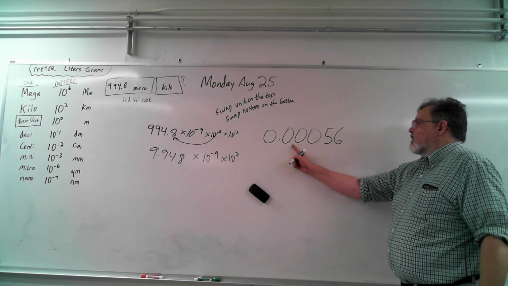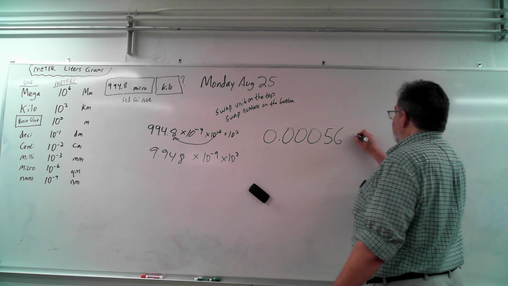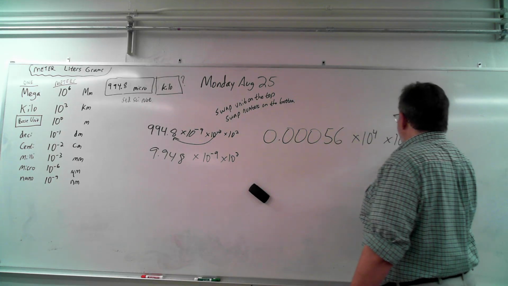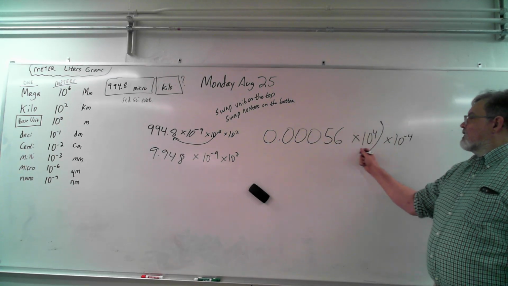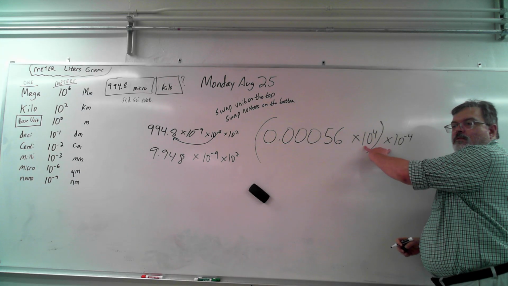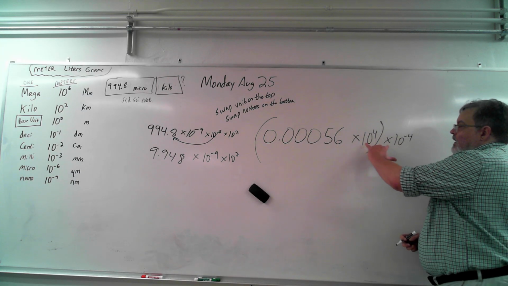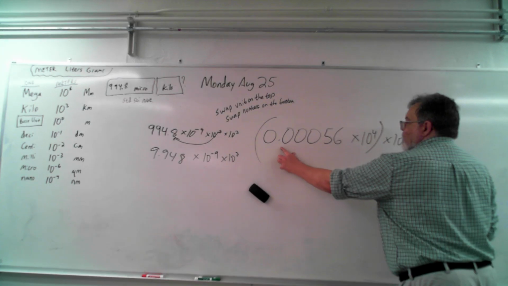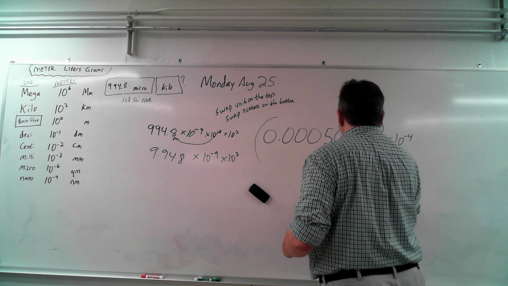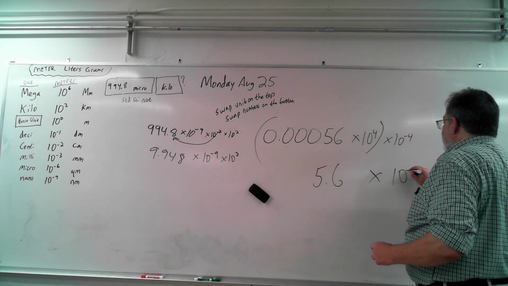We're going to have to move 1, 2, 3, 4, so I'm going to do times 10 to the 4 and times 10 to the negative 4. These two ensure that I'm not changing the value, not changing the order of magnitude. And then this times 10 to the 4, 1, 2, 3, 4, so this turns out as 5.6. And we still have the 10 to the negative 4.